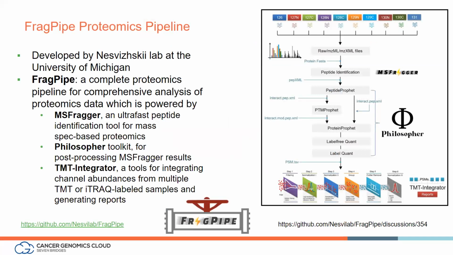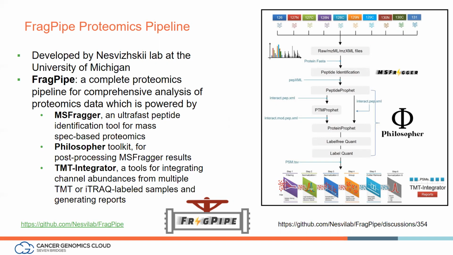So those are the steps. This is just to show which tools are involved in the analysis. Here we're showing three of the FragPipe tools. FragPipe is actually a larger set of tools that allows you to do all kinds of analysis, DDA, DIA, TMT analysis.